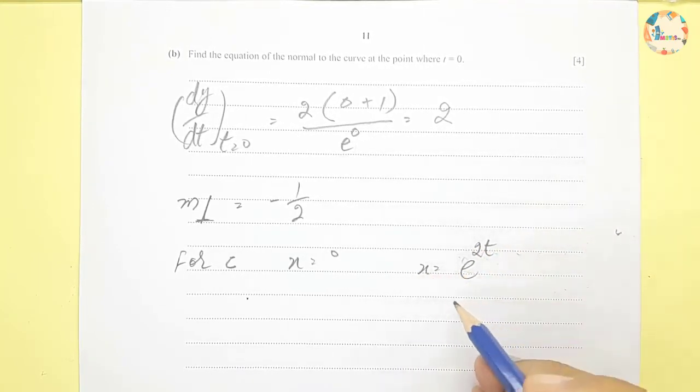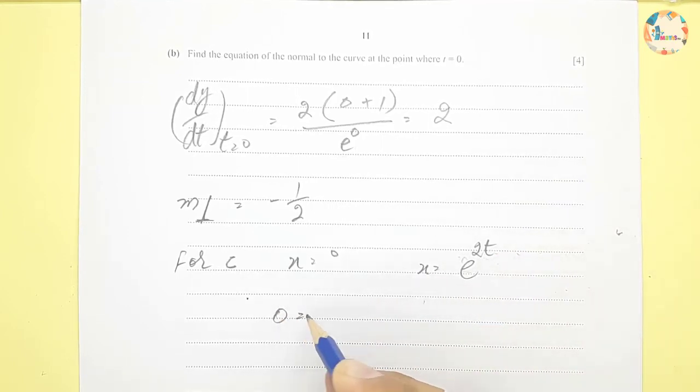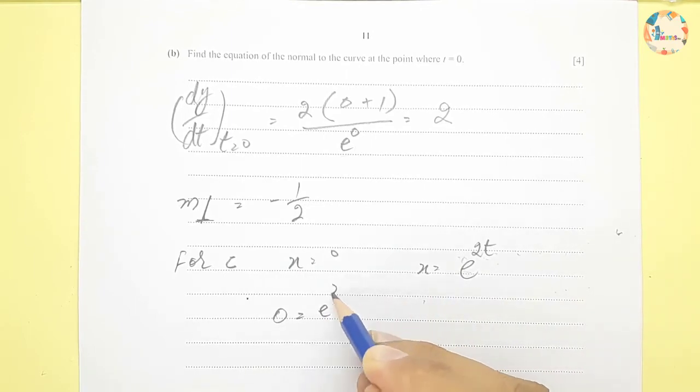Replacing x with 0, we get 0 is equal to e raised to the power 2t.